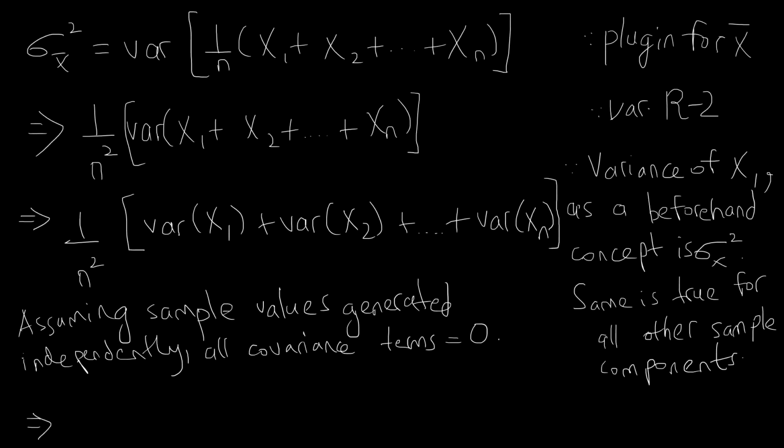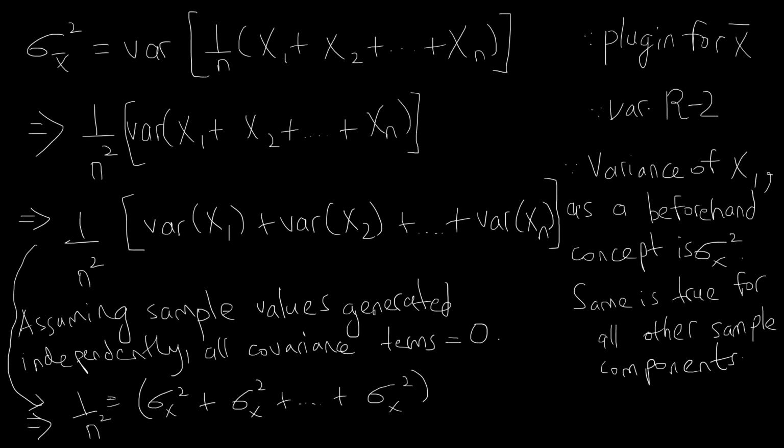Okay. Therefore, this expression right here now becomes 1 over n squared times sigma squared x plus sigma squared x plus all the way to sigma squared x. So this is what we're left with. By mistake, I inserted an equal to sign over here, I'm sorry about that.